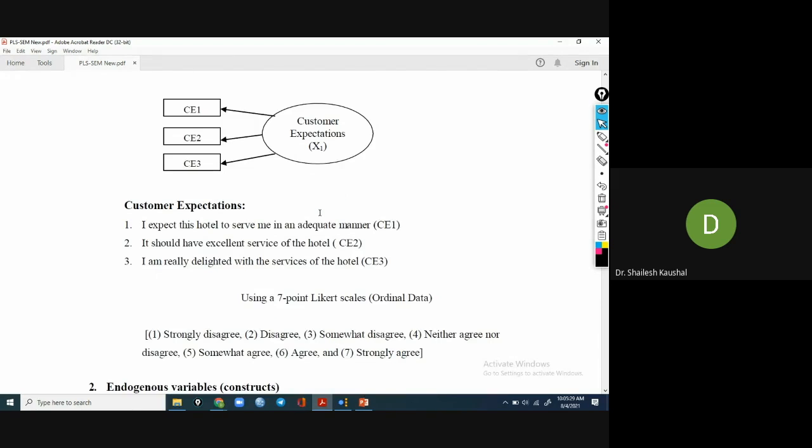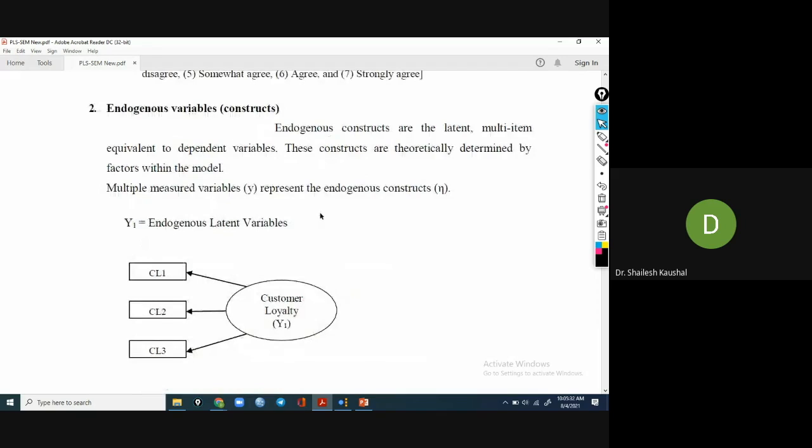And another is the endogenous construct. Endogenous means all the dependent variables, like cl1, cl2, cl3, but it is also a reflective measurement model because these three variables are not forming the construct. So the arrow decides whether my model is formative or reflective.